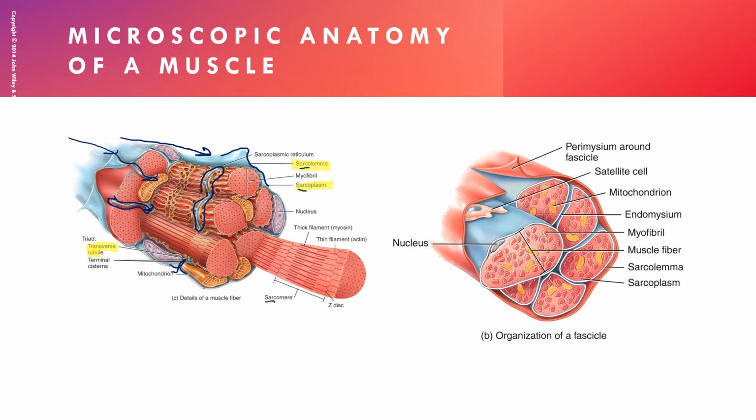So the sarcoplasm has a large amount of glycogen within it. And this is a very large molecule. It's composed of many smaller glucose molecules. So if we have one glucose molecule like this, which is just a really simple representation, glycogen is actually lots of glucose molecules all linked together.